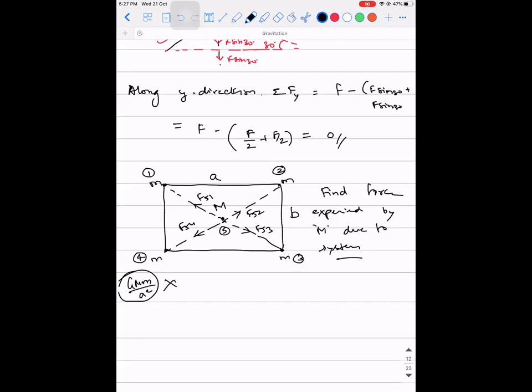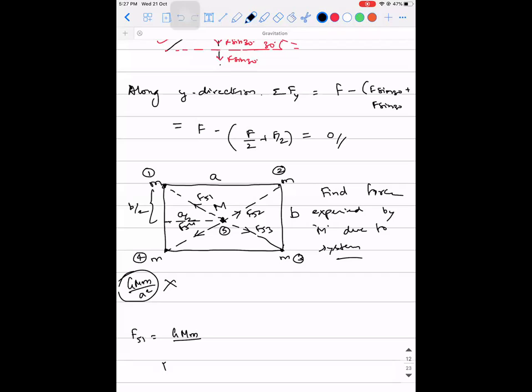So F51 is how much? F51 is equal to G capital M into small m divided by the distance between 1 and 5 square. What is the distance between 1 and 5? If you drop a perpendicular, this distance will be B by 2 and this distance will be A by 2.